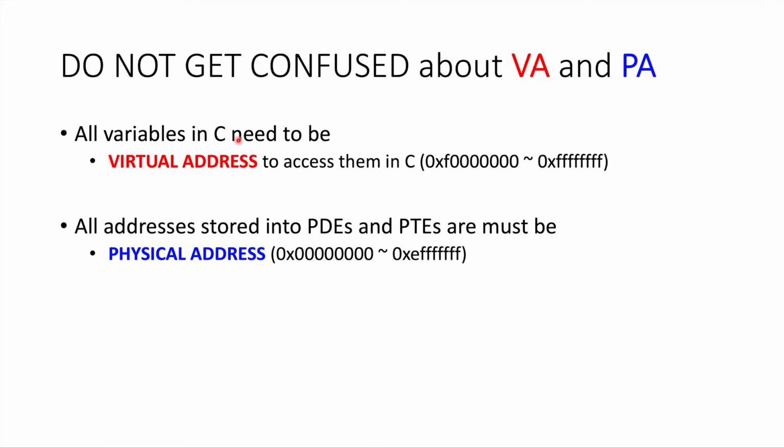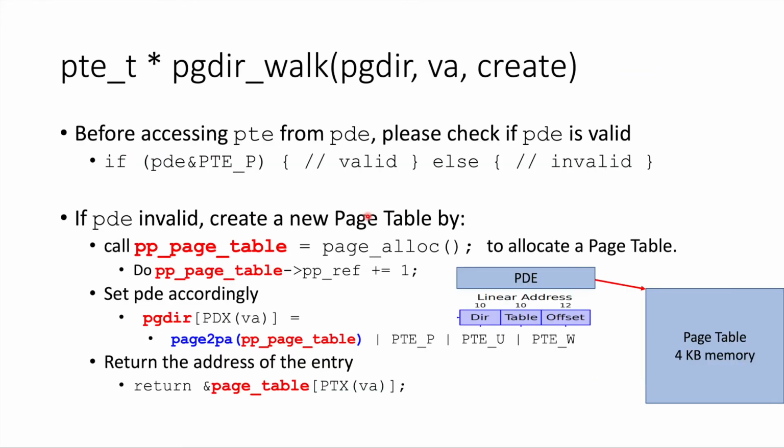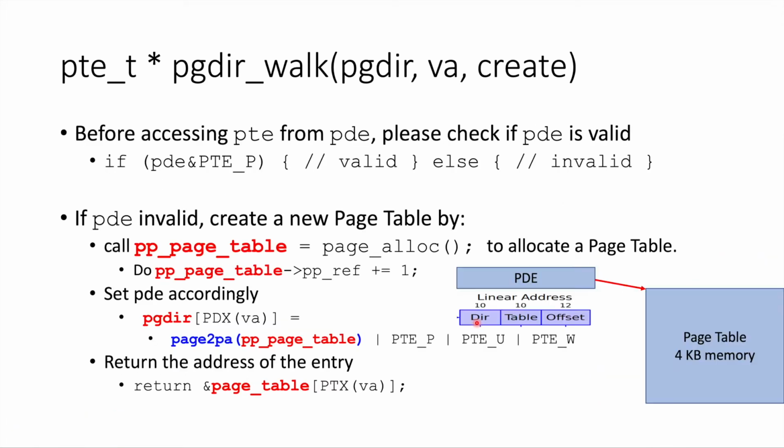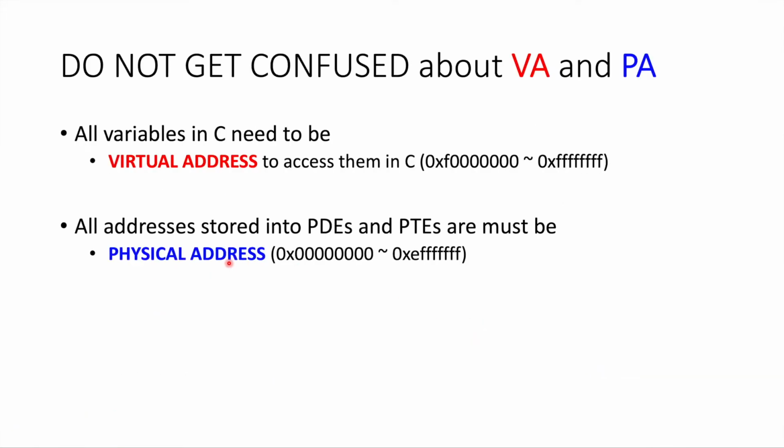In C code, all the variables that we are using are virtual addresses, and if you print them, you will see that they start with F as the top digit. All the addresses stored in PDE and PTE, the PPN part, should be physical addresses. So if you print the address, it should not have F as the top digit.